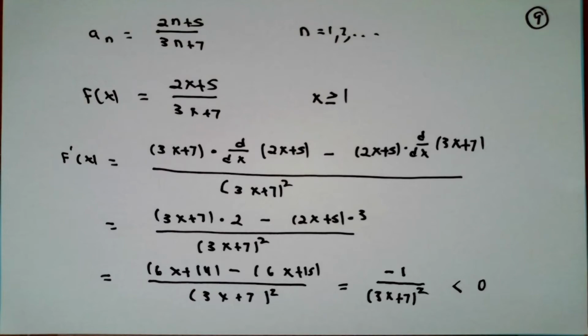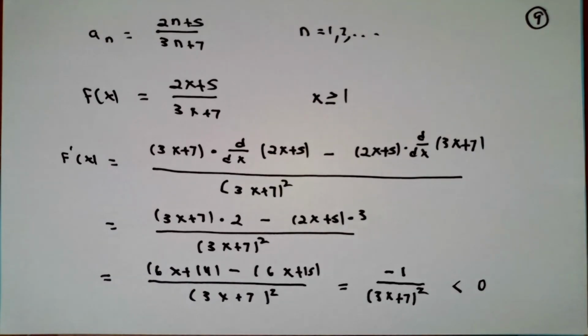Using the quotient rule, we can easily figure out that the derivative of f is the fraction with negative 1 above and the square of 3x plus 7 below. Because x is at least 1, 3x plus 7 is positive. The square of a positive number is positive. Negative 1 divided by a positive number is negative.